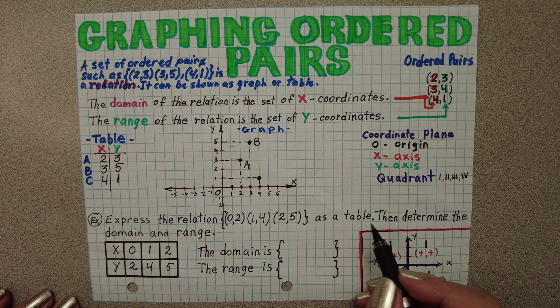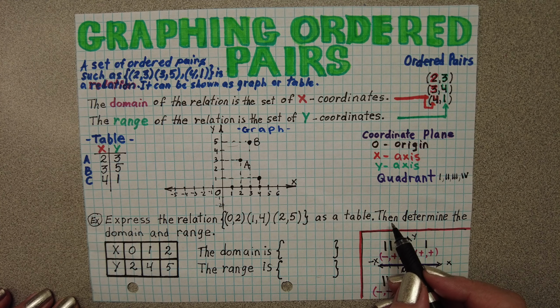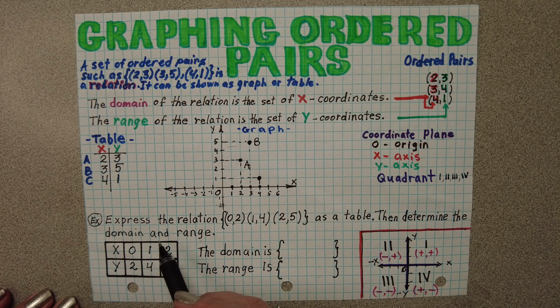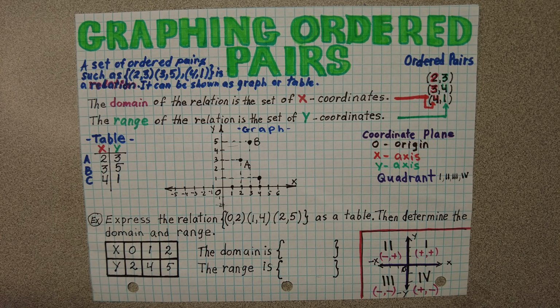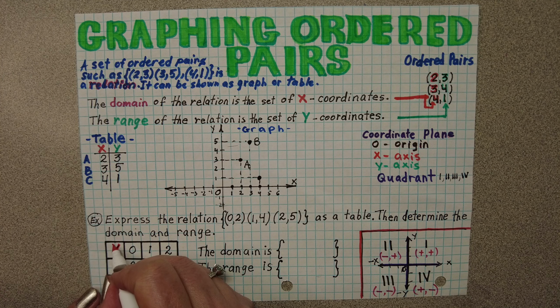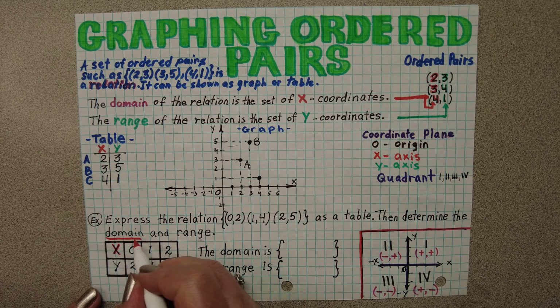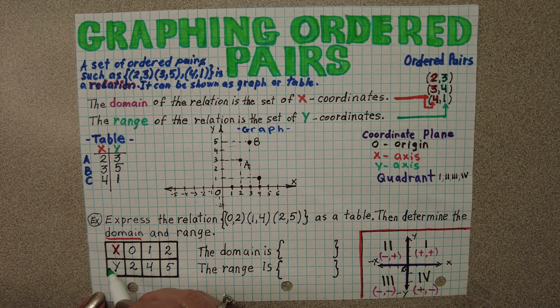So then it asks to determine the domain and range. In this case, we have to write down a range and domain separately. Let's highlight them. So this is our domain and this is our range.